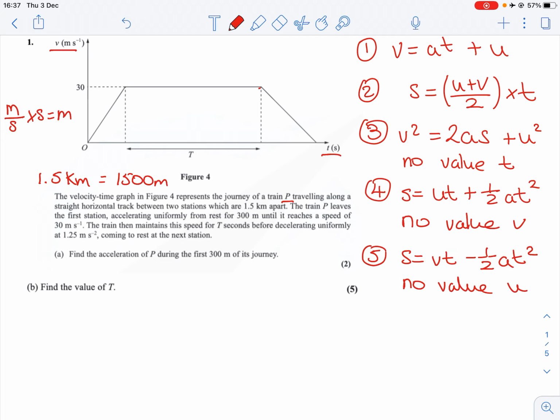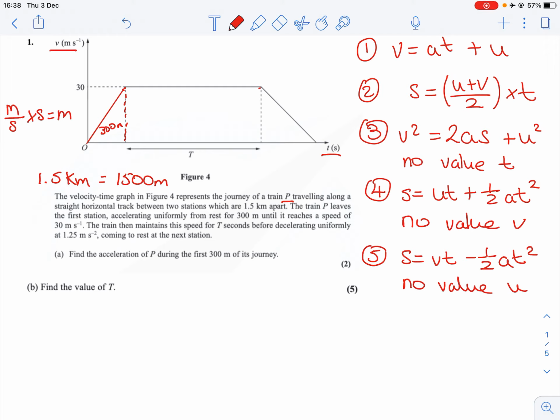The train P leaves the first station, accelerating uniformly from rest for 300 meters. So it's from rest, from 0, accelerating to 30. We don't know what the time is, but we know the distance traveled is 300. So this triangle underneath the graph is 300 meters, until it reaches a speed of 30 meters per second. The train then maintains the speed for t seconds.